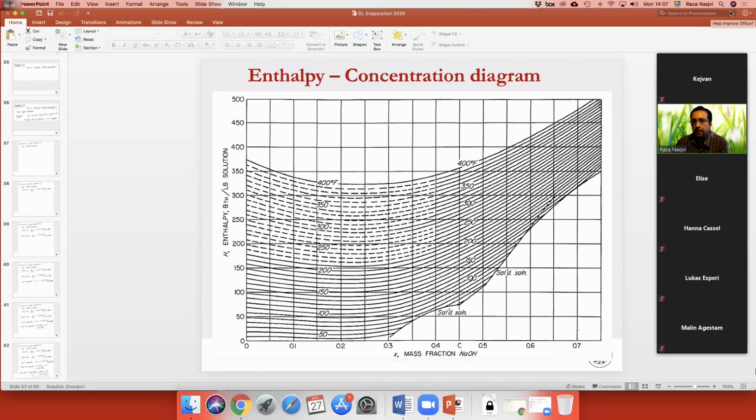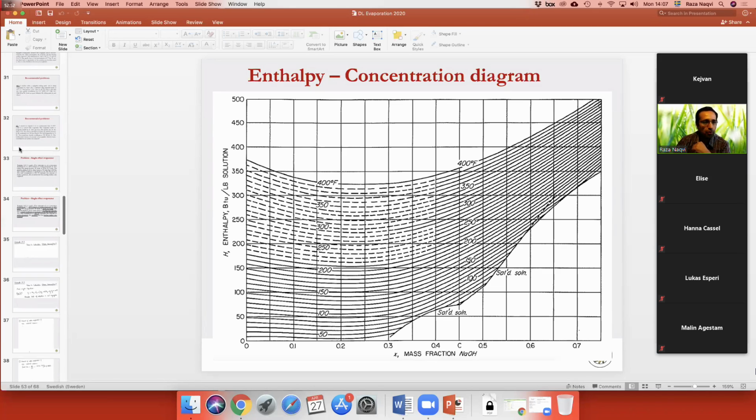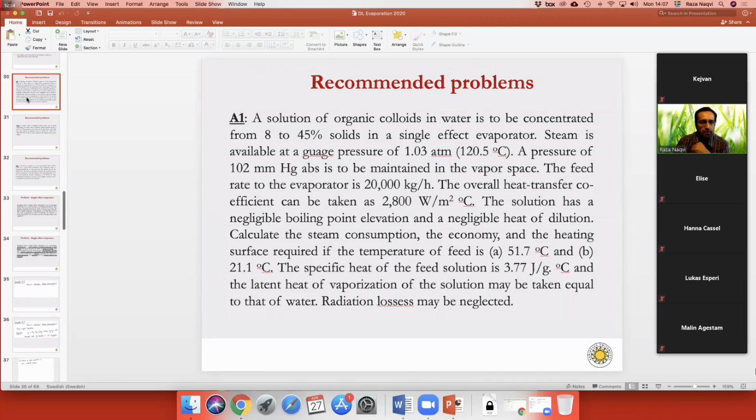And then maybe I can answer about the assignment for evaporation. I'll give you this week to solve the recommended problems for evaporation and for humidification. And then I will start giving you the assignments for evaporation and humidification. And I will add their deadlines as well in Canvas.